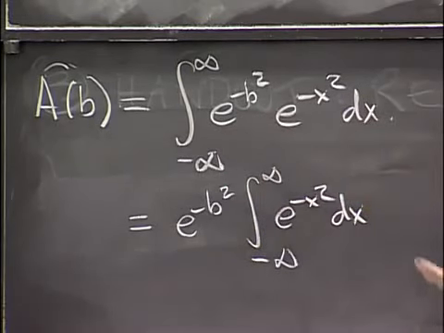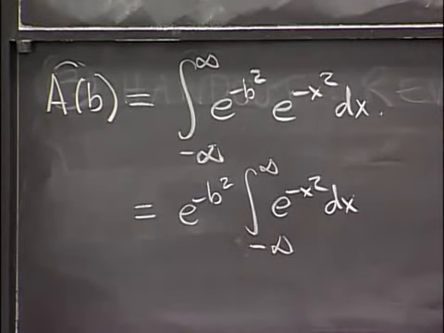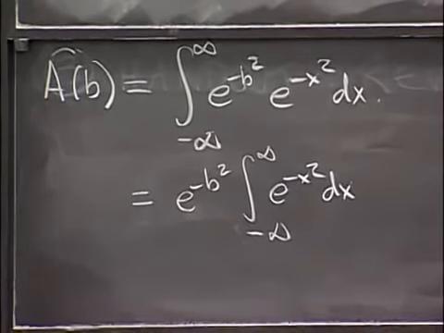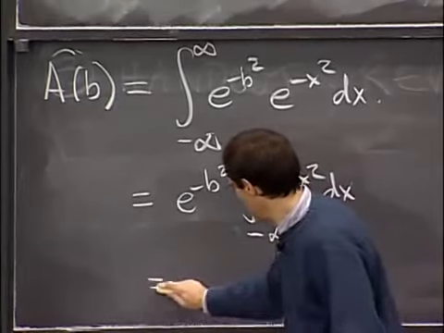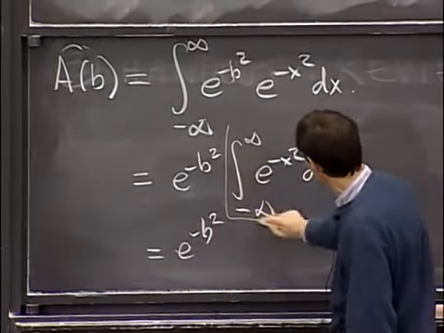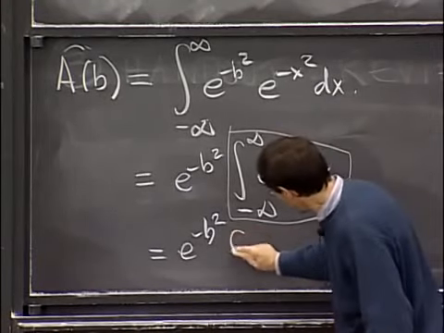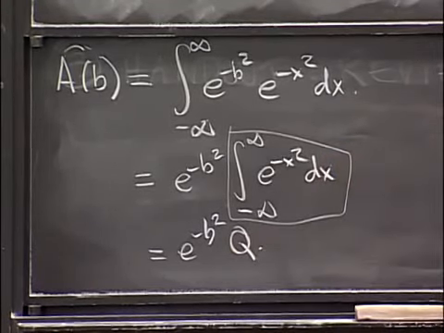So this might look frightening, but actually it's just a property of an integral. All integrals have this kind of property. You can always factor out a constant. And now here comes the remarkable thing. This is e to the minus b squared times a number which is now familiar to us. What is this number? This is what we're looking for. This is our unknown, q.